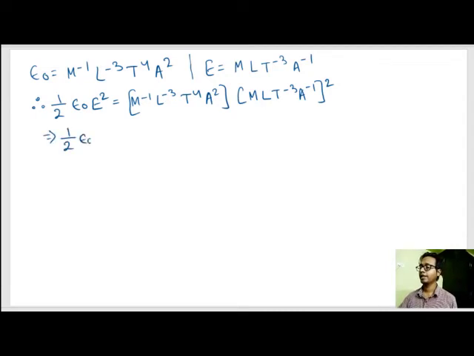Let's check: m to the power minus 1 into m square is m to the power minus 1 plus 2, or m to the power 1. L to the power minus 3 plus 6, sorry, plus 2, so L to the power minus 1. T to the power plus 4 minus 6, or T to the power minus 2. A to the power plus 2 and A to the power minus 2 cancel, so the dimension of A gets cancelled, and we are left with M L to the power minus 1 T to the power minus 2.